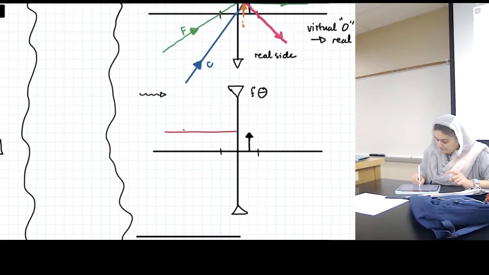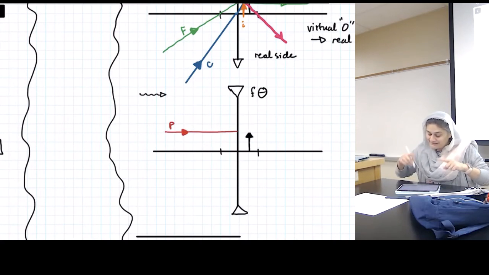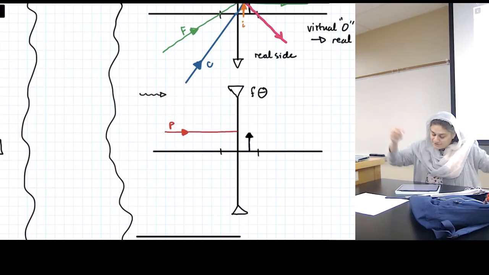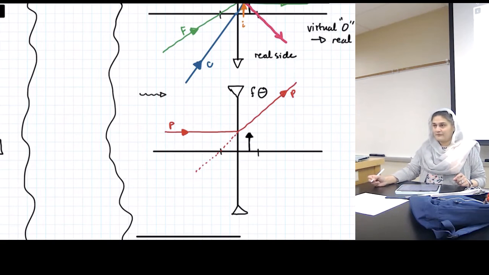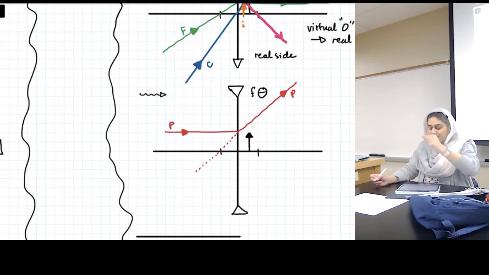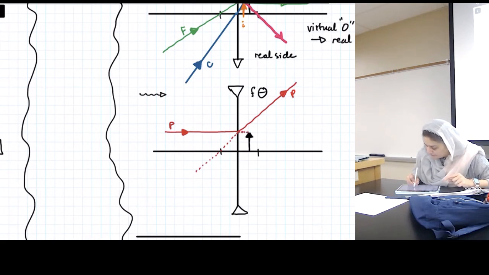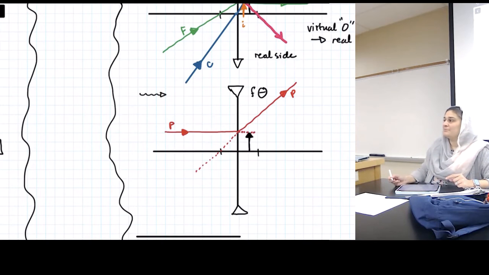Coming in this way? And then because it is a diverging lens, it will use this side and go away. The first ray you have to draw, it has to be drawn to the edge, to the tip of it.